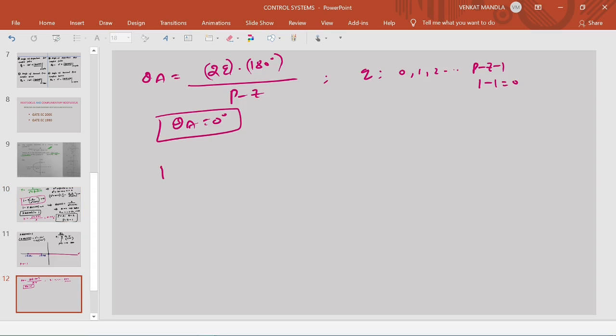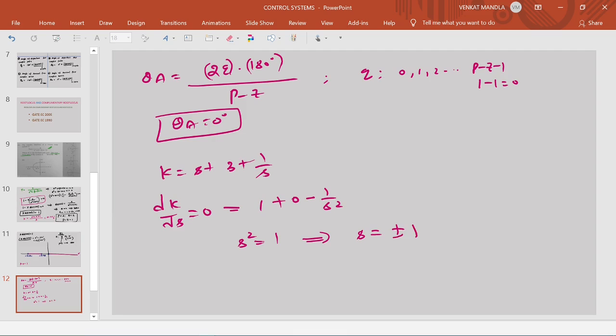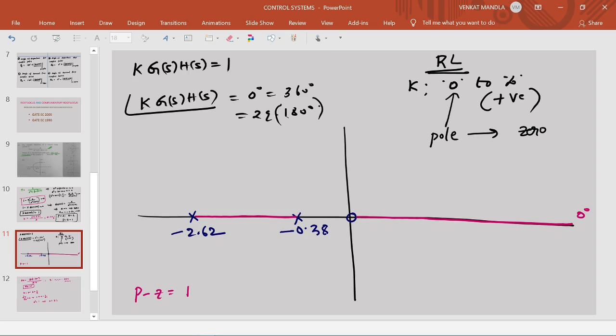Now dk by ds equal to 0 gives 1 plus 0 minus 1 by s square. So s square equal to 1, and from this s equal to plus or minus 1. Two break-in and breakaway points are obtained.